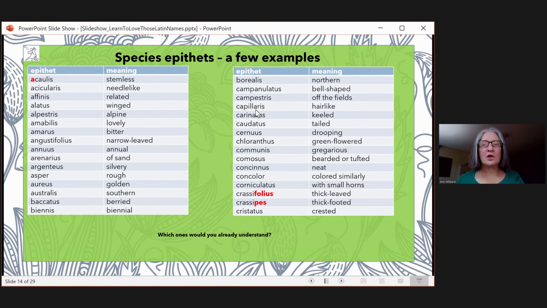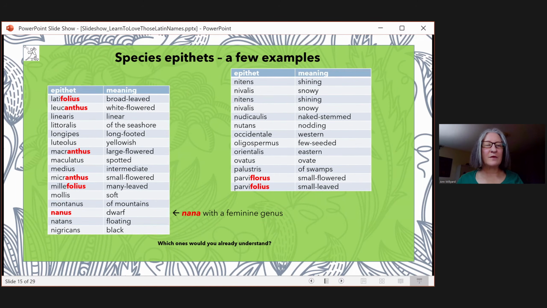One thing that's difficult looking at these is sometimes it's not clear, if the epithet is capillaris, you may not have a good way to guess whether it's the leaves that are hair-like or some other part that's hair-like, and which part is keeled. So they were chosen by botanists who were trying to be helpful.